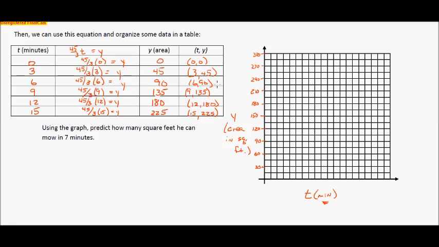Alright, so now I'm just going to take these points and graph them. I'm going to graph them in blue. And again, I'm going to pause my video. You go ahead and pause your video right now and graph all of those points that show up. And hopefully we get the same graph at the end.